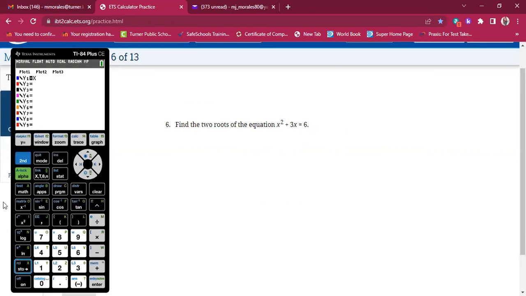Then raise to 2, and then plus 3, then alpha x again, and then minus 6, and then just graph that.